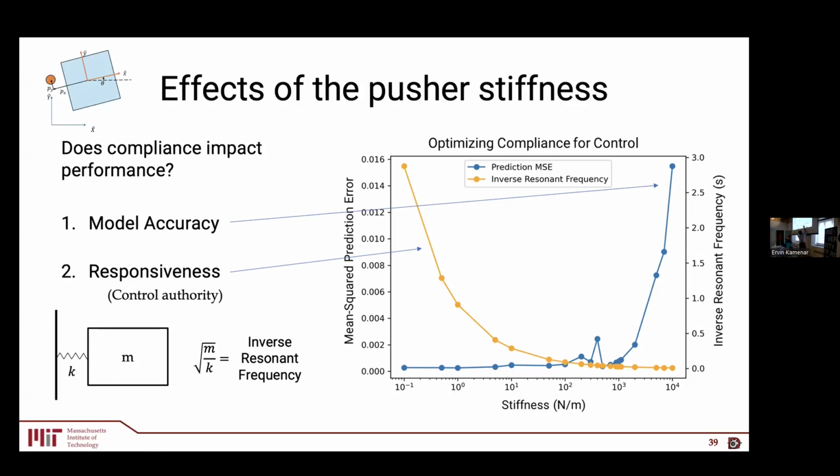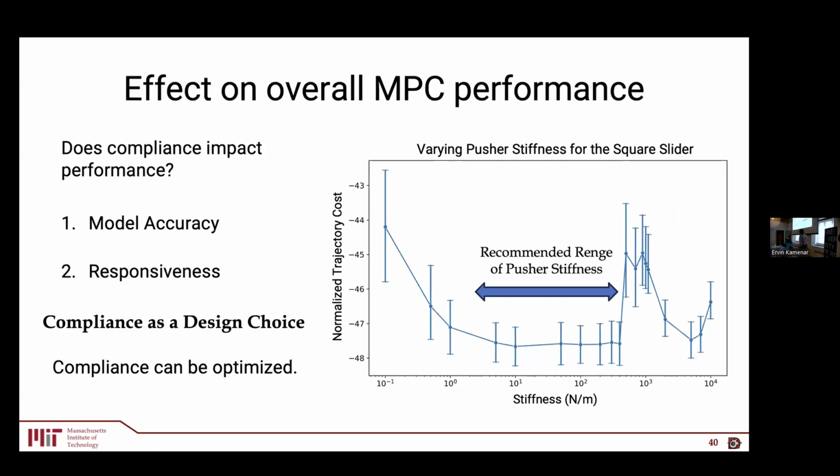So somewhere in the middle, we have a sweet spot that makes things work very well. Then we plot the MPC cost functional values against the stiffness, and somewhere in here it is very much acceptable performance.